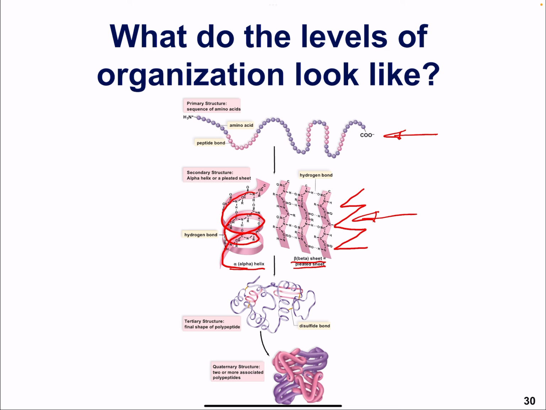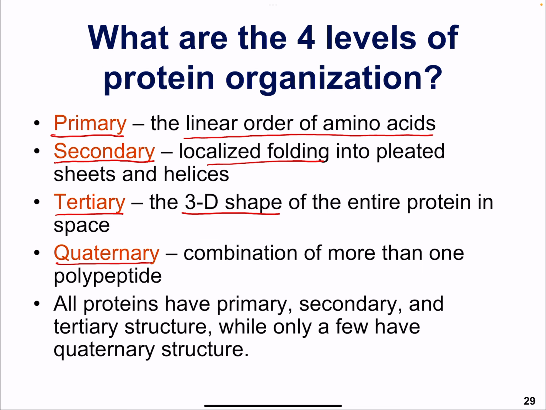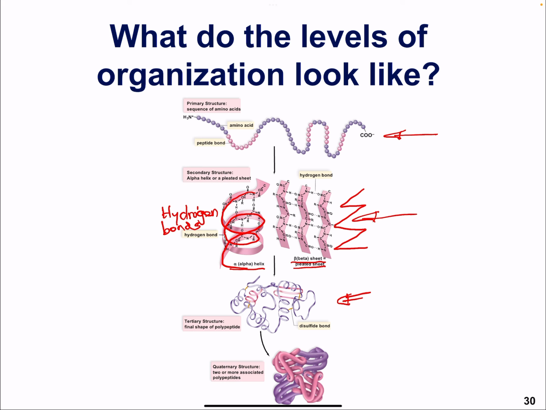Then, the tertiary structure, which is the 3D, is also stabilized by hydrogen bonds. So in the secondary structure, we have hydrogen bonds that are important. In the tertiary structure, we also have hydrogen bonds that are also important.